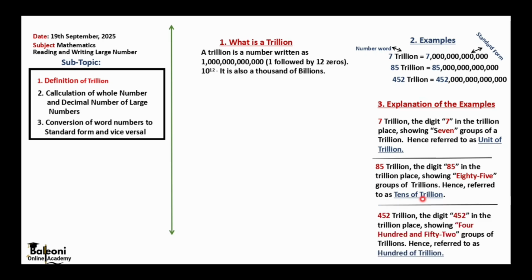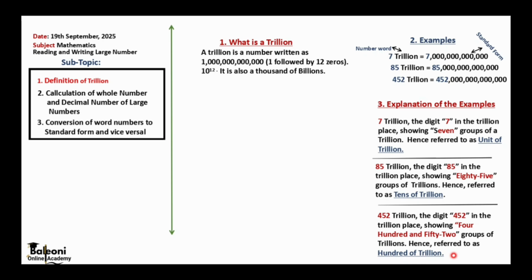Then number three, we have 452 trillion: the digits 452 in the trillion place, showing 452 groups of trillions, hence referred to as hundreds of trillions. So this is the explanation of the examples we have at the top here.